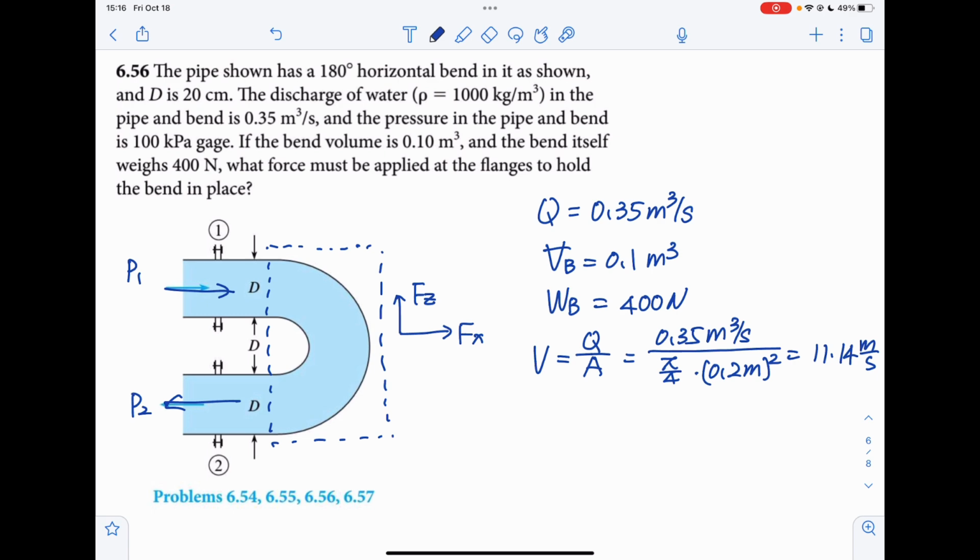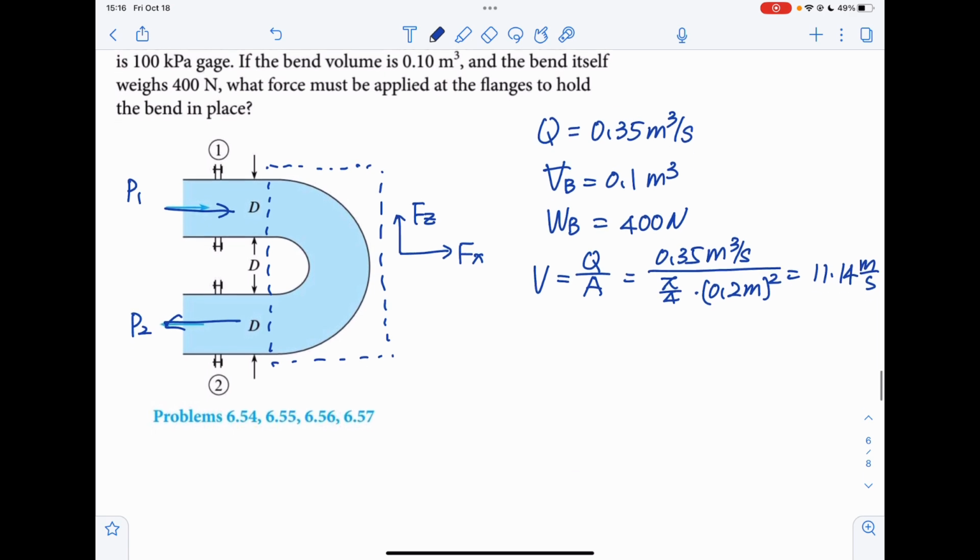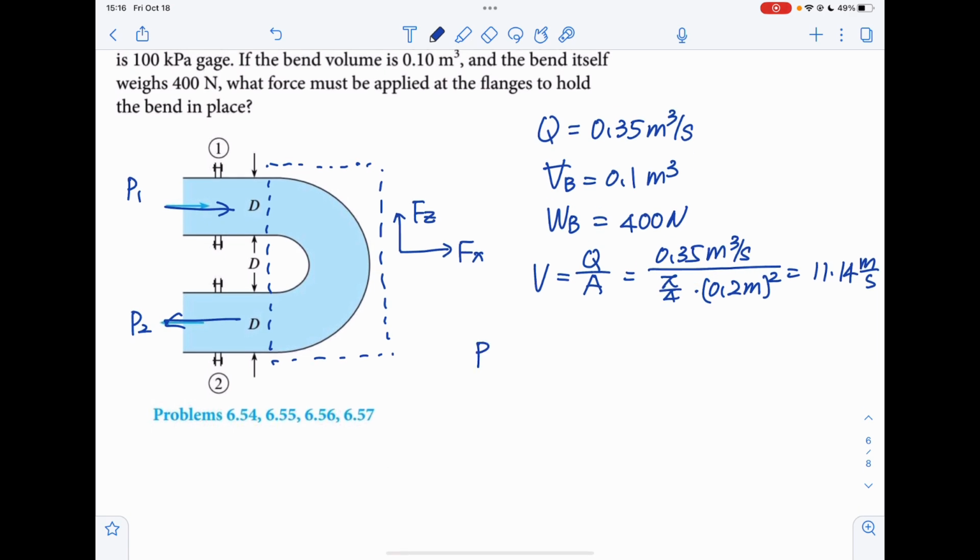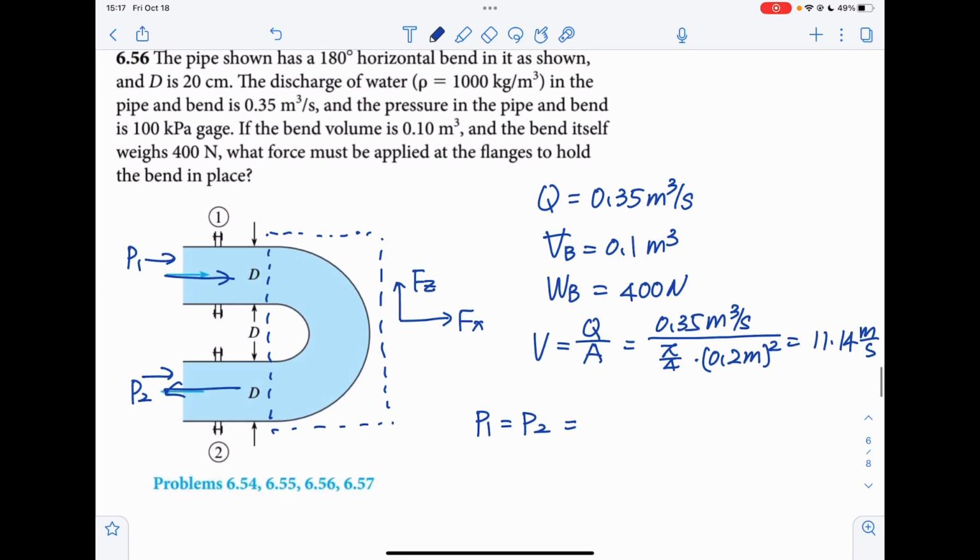Now we're going to find the pressure force P1, which equals P2, which will be 100,000 Pascals times the area, pi over 4 times 0.2 meter squared.